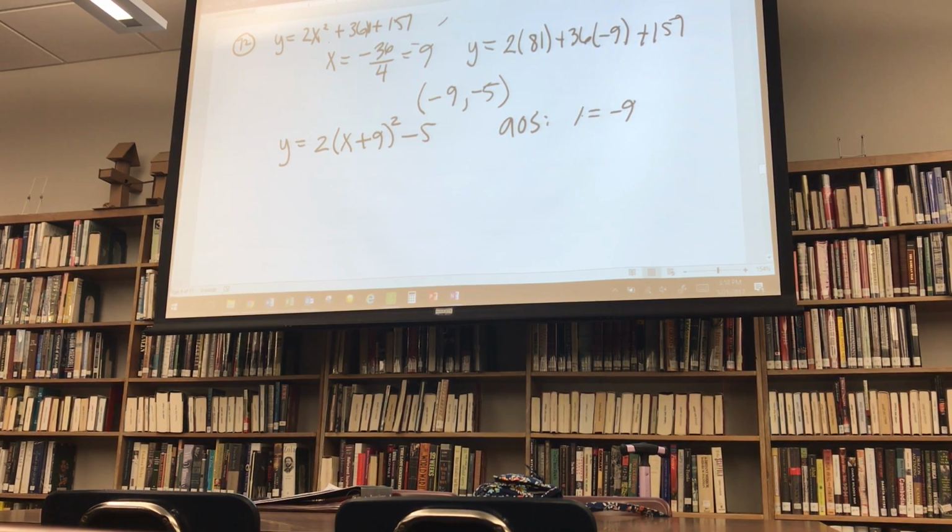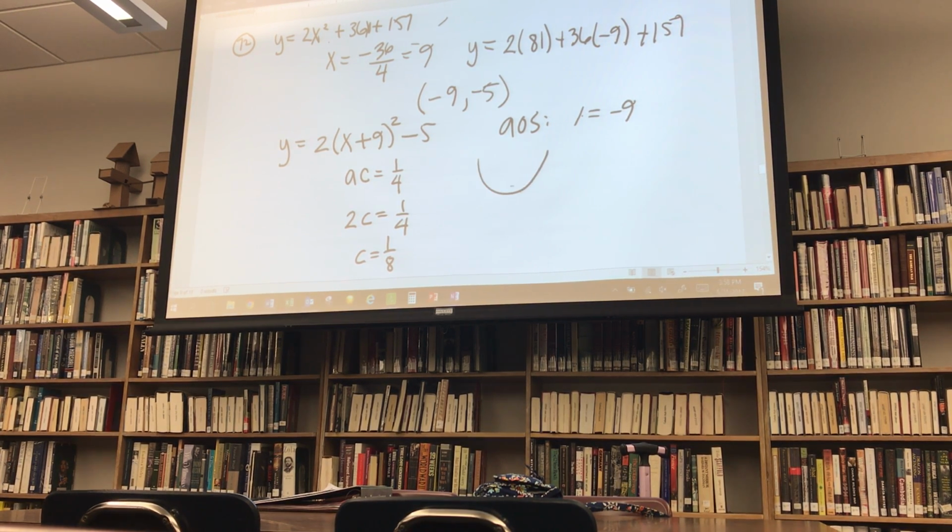Now, for me to find directrix and focus, I have to remember that AC is equal to what? 1/4. And what's A? It's 2. So 2C is 1/4, and C is 1/8.